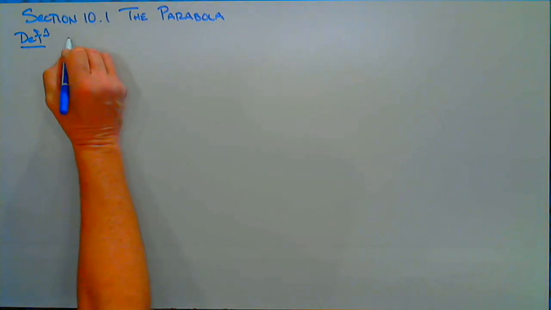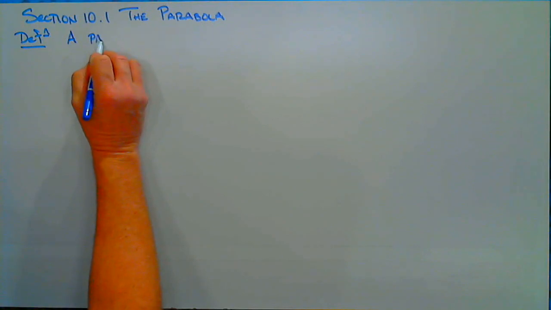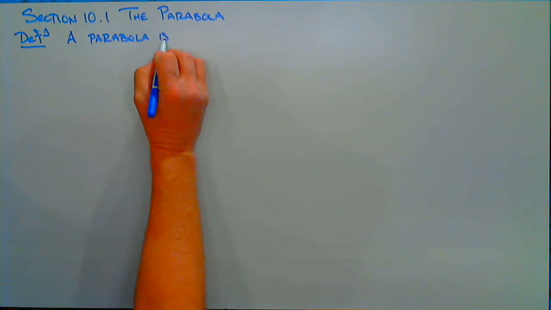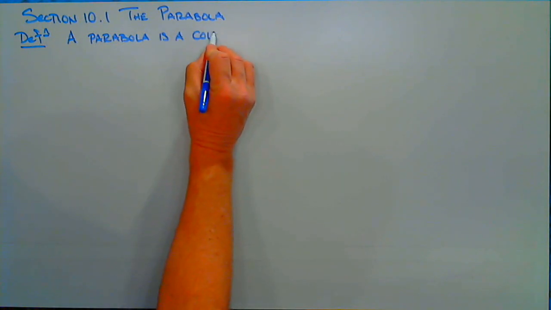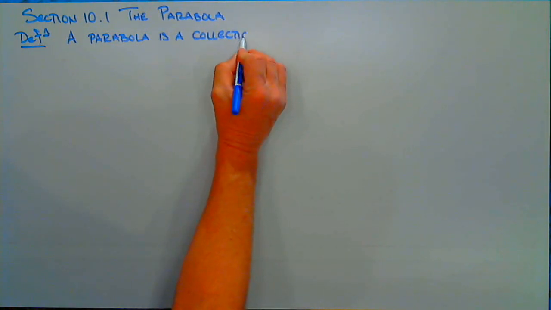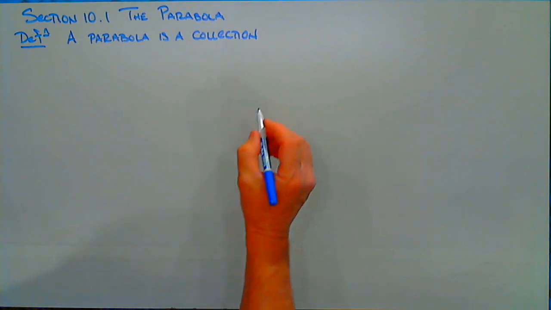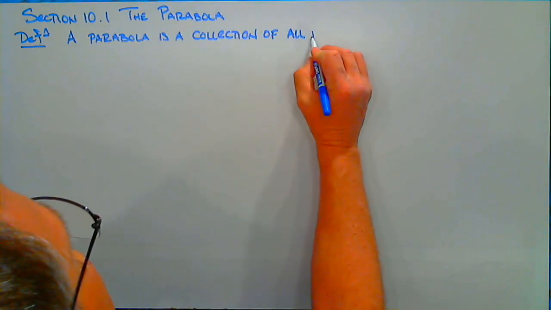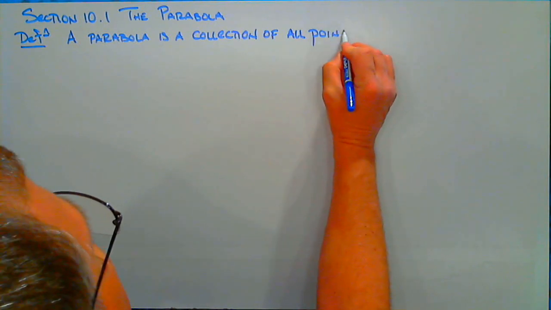So I can turn on some lights there so we can see a little better. Sorry about that. So, what is the parabola? Here's the definition. A parabola is a collection of points. Now, that I hope goes without saying, right?